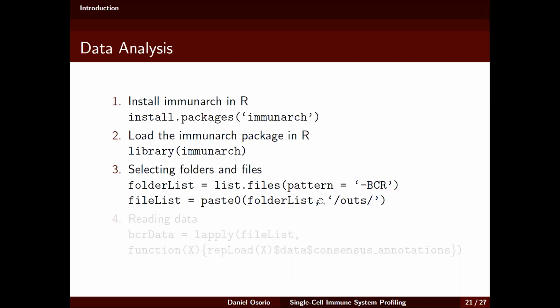So this will generate two lists. The first one is the folder list, all the folders with the pattern of BCR, and then a list of files that are the name of the folder plus the OUTS subfolder. So that is the path of where the files are located.